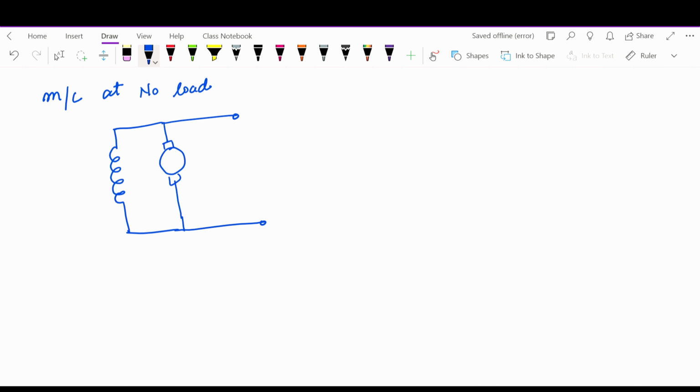Now it is given that it is driven by 220 volt supply, and this is RF, this is RA.